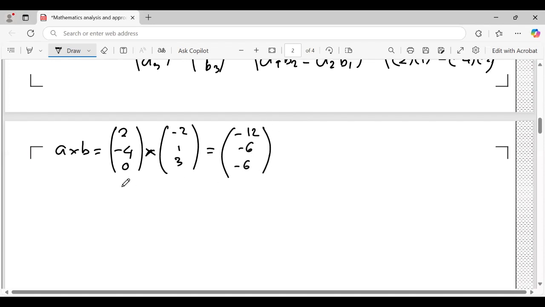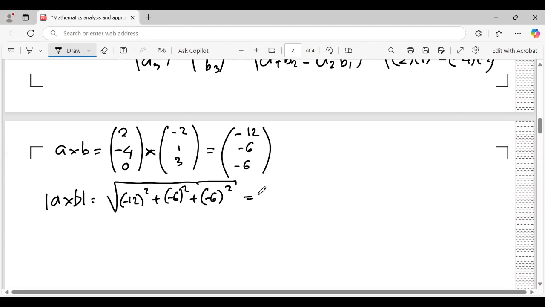So, modulus of A cross B is the root of minus 12 squared, minus 6 squared, minus 6 squared.